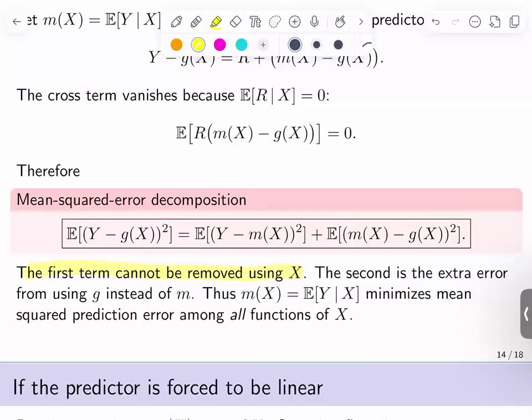If you set g equal to m, this goes away, so you can optimize over it. There's no way to fix the first part because we can't change m of x; that's part of the distribution. Thus m of x minimizes the mean squared prediction error among all functions of x. That's why it's the best predictor: it minimizes the mean squared error.